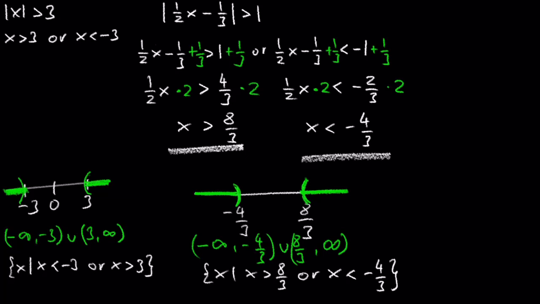Let's look at our last example. The absolute value of x plus 7 is greater than negative 1. The expression x plus 7 is greater than negative 1, or x plus 7 is less than 1.